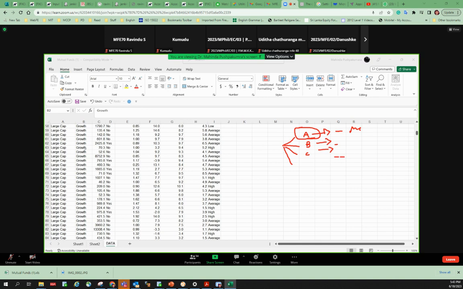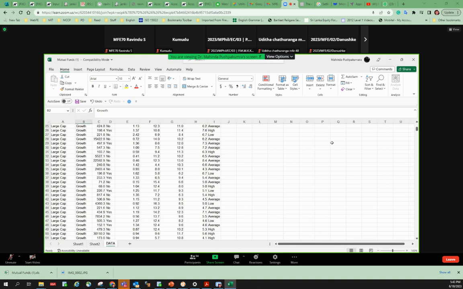Similarly, here we have two types of funds, growth and value. Then how to get the average for these figures? There are two methods to do this. The first method is from data analysis.